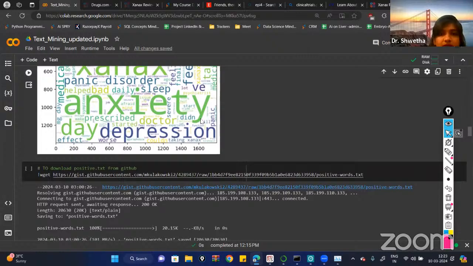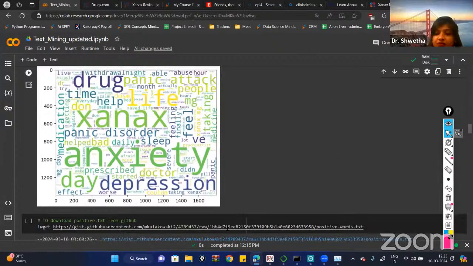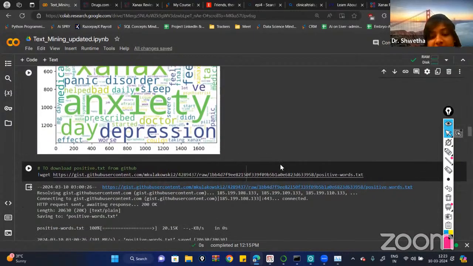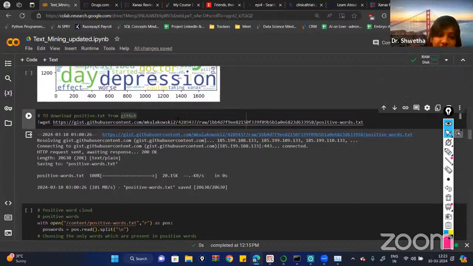Okay, this is the word cloud which we built for the whole corpus. Now we can build a word cloud only for the positive words. So for that, again, we are downloading the positive words document from GitHub. This is the code to get the positive words from GitHub.